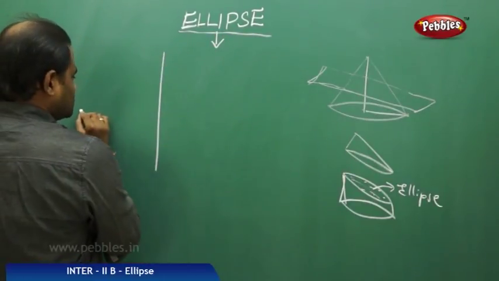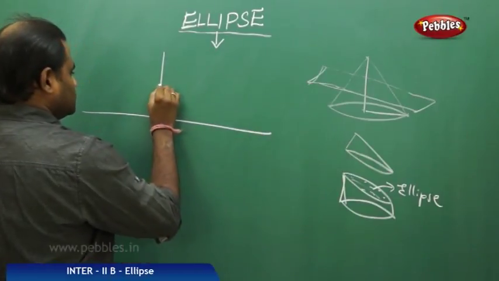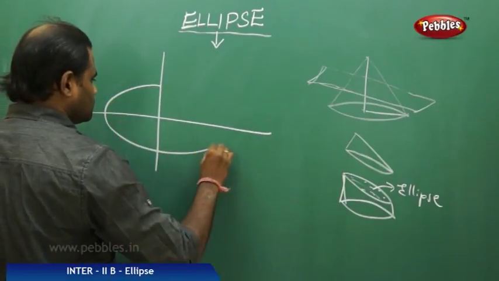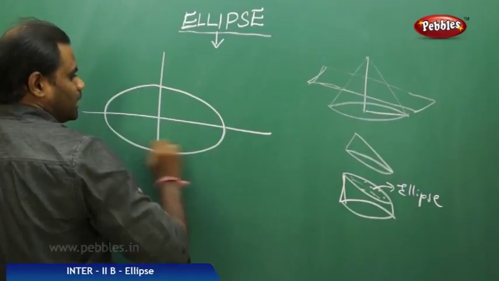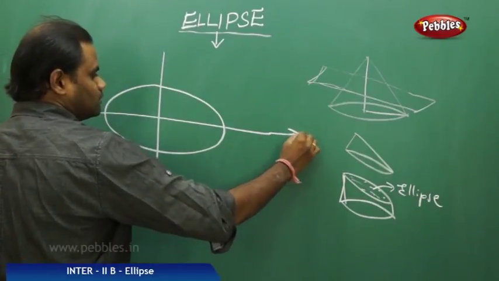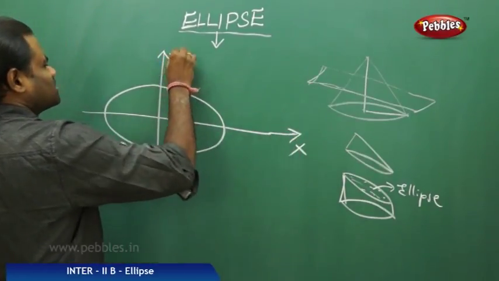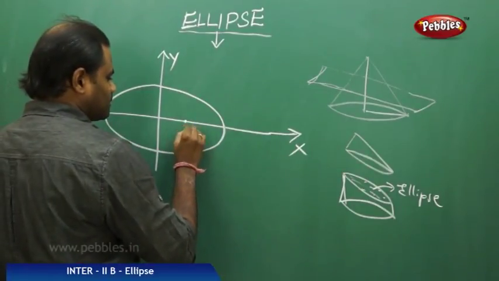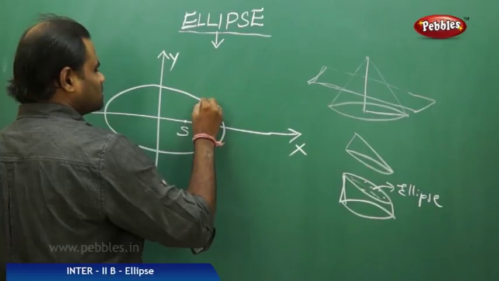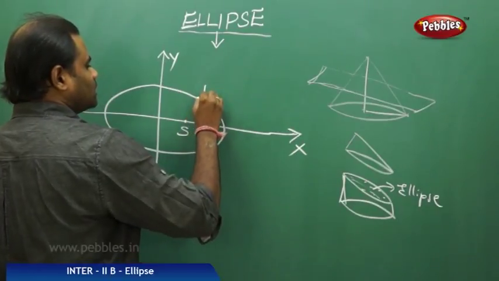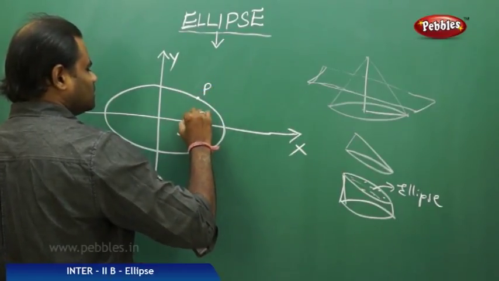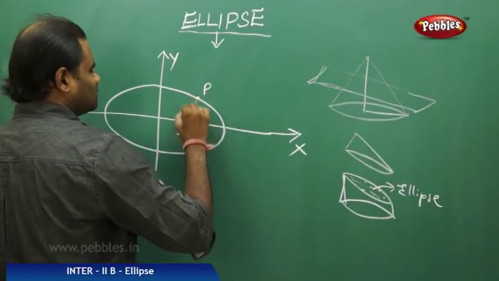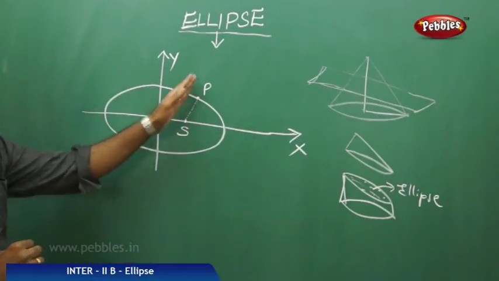The ellipse, which generally looks like an egg-shaped structure, with this being the x-axis and this being the y-axis, we have the focus and the point P, which is given by SP.